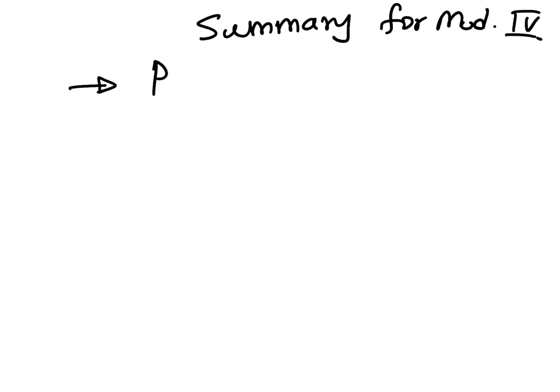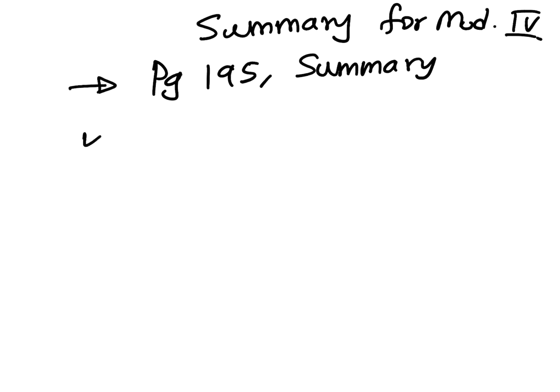So, summary for module 4. I strongly recommend you looking at page 195, where there is a nice summary in the textbook. It has all the formulas that we saw in this unit. It has the relationship for work done. It has the relationship for the specific heats, Cp, Cv.